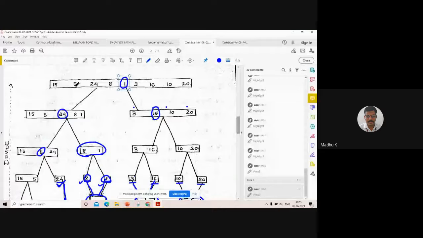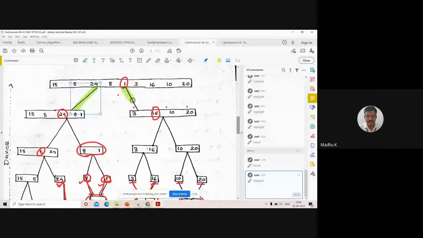We divide the problem in this way. Based on the mid value we will divide it. So here mid is 1, so we divided in this way: 15, 5, 24, this one.